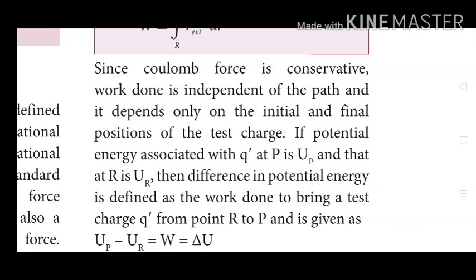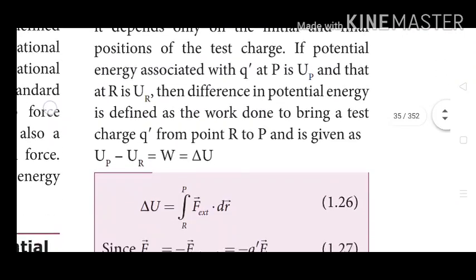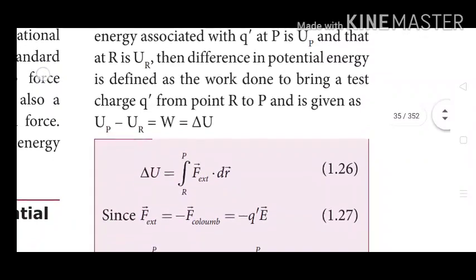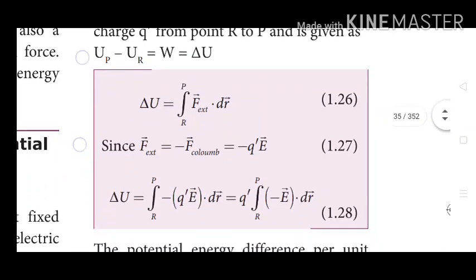If the potential energy associated with Q dash at P is UP and that at R is UR, then the difference in potential energy is defined as the work done to bring a test charge Q dash from point R to P, given as UP minus UR, W equal to delta U. That means the potential energy difference delta U is equal to the integration from R to P of F external dr vector.